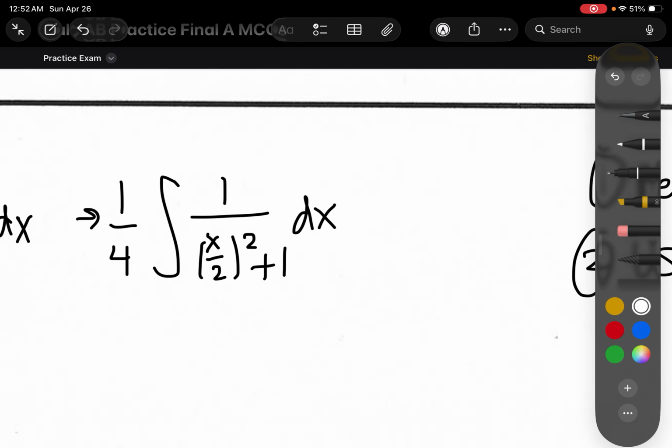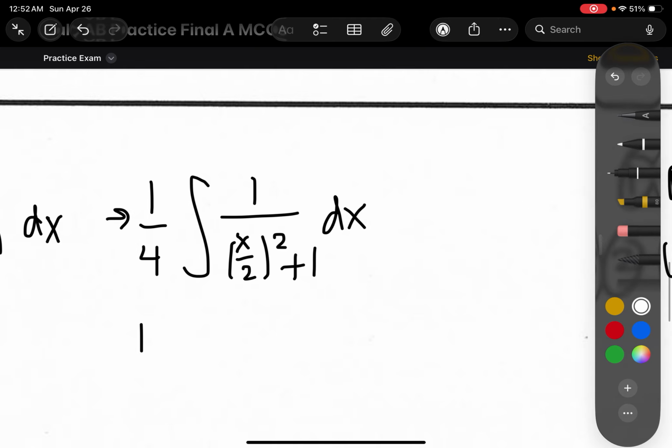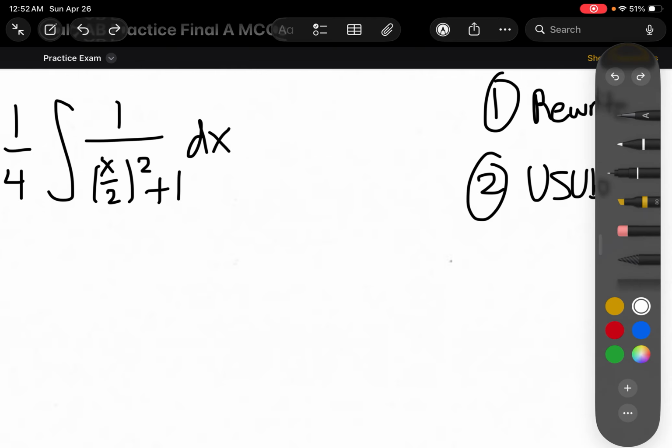Now we can u-sub a 2 in there, and x over 2, because that is in the parentheses. So u equals x over 2, du equals 1/2 dx.